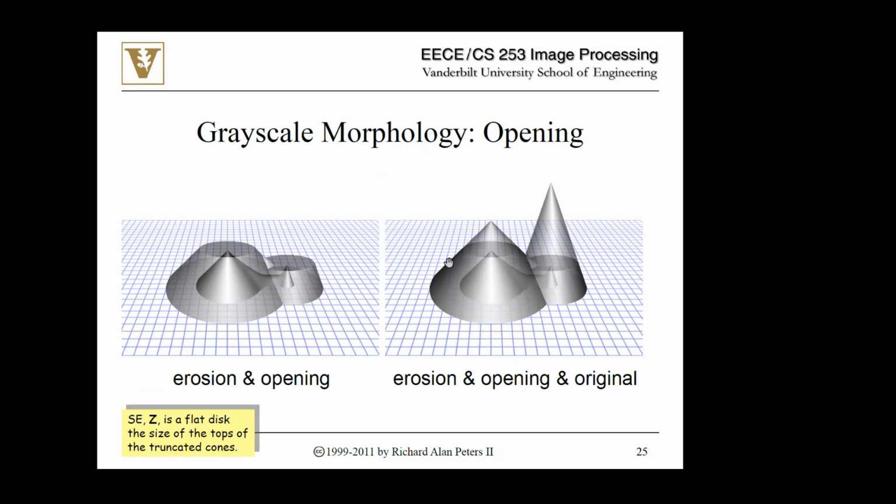Okay, so let's see these step by step. So we have the original, we take the erosion, and then you dilate. Here you have the three of them.